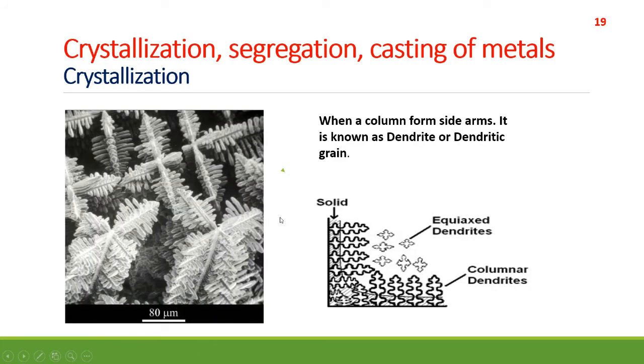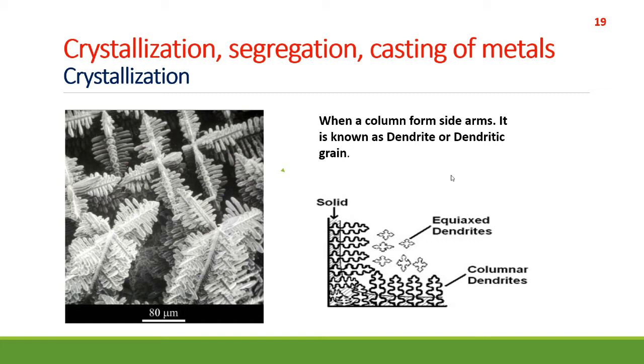So next is the dendrites. We have broadly discussed dendrites in my previous lecture for chapter number 3, and here they come into play once again. What will happen when these columnar grains approach the center of the casting is that they develop some arms.